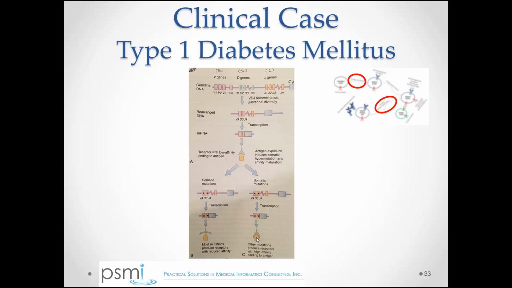So the somatic hypermutation is triggered by binding to the helper T cells, and the process is you get these random mutations, and the random mutations will at some point produce antibodies and immunoglobulin receptors that have a high affinity.